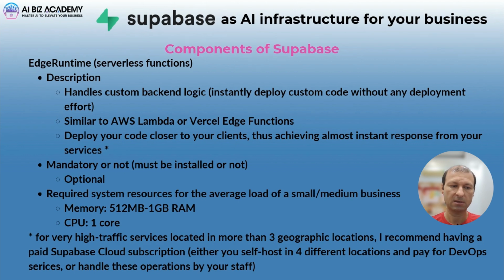So basically these functions can be quickly accessed by the users that are close to the nodes. Now, if you have more than 3 geographic locations to manage, then managing these separate nodes by yourself, you may need additional developers to handle this. If you have available DevOps that can manage this for you, then it's no problem. But if you don't, I then recommend to go for the paid Supabase Cloud subscription where they manage this for you.